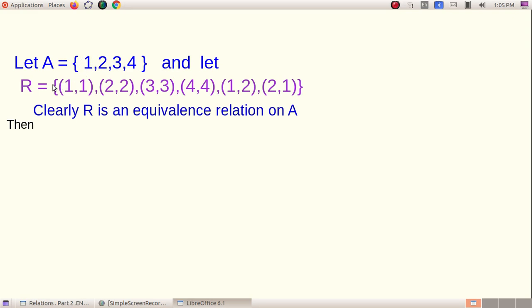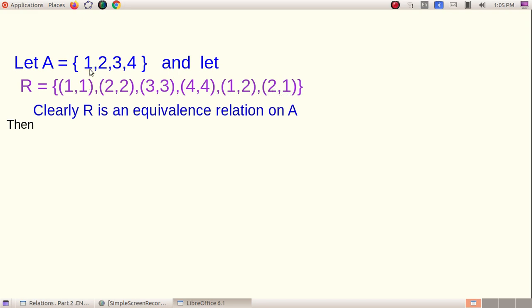For that we look at the relation. 1 is related to 1. Therefore, one element is 1. Then, 1 is related to 2.